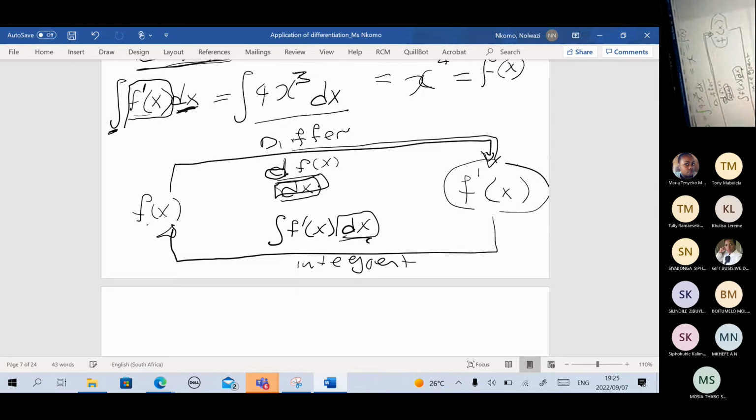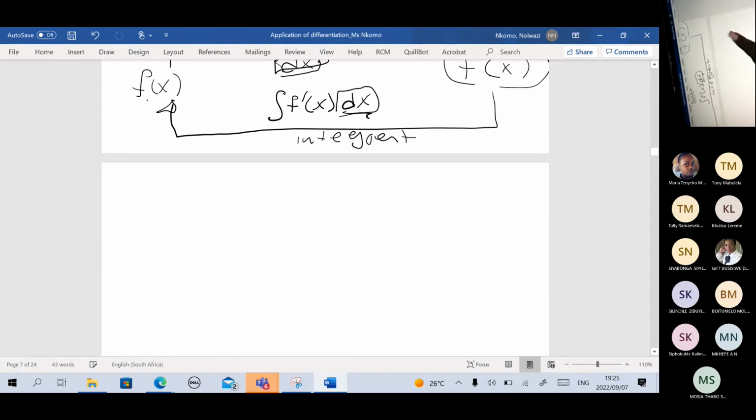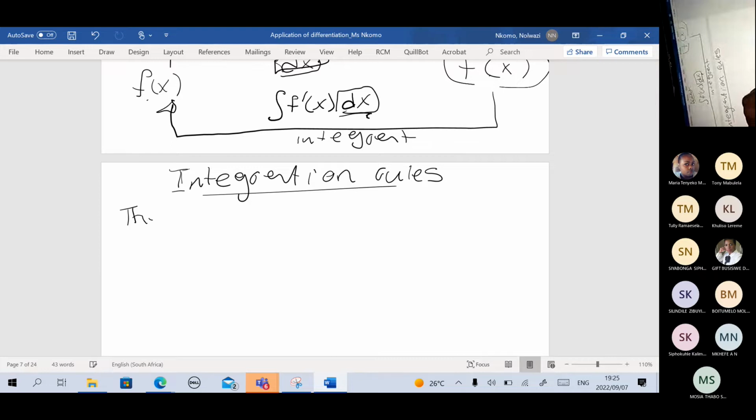We have rules in integration like in differentiation, right? Remember the first rule in differentiation was the power rule. So even here, we'll start with the power rule. This is for integration.